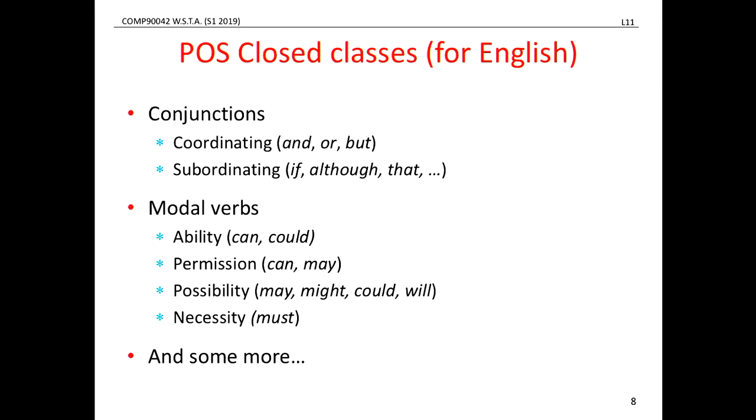By and large, all languages have nouns and verbs, but as for the other categories, it's a bit more fluid. I think most languages have nouns, verbs, and adjectives, but sometimes the categories bleed into one another. And particularly when you get to the more fine-grained classes, they're very different across different languages.